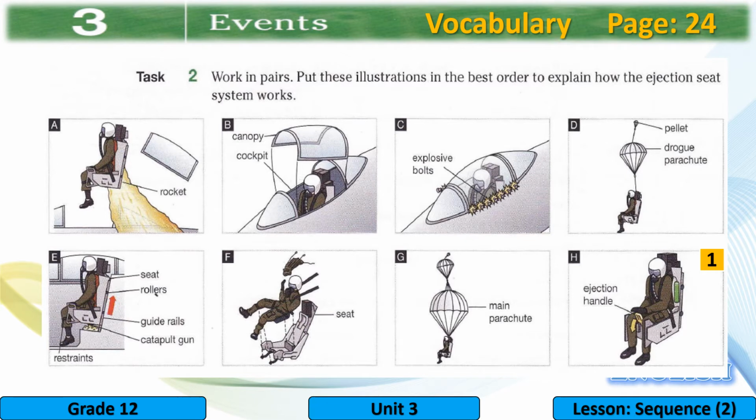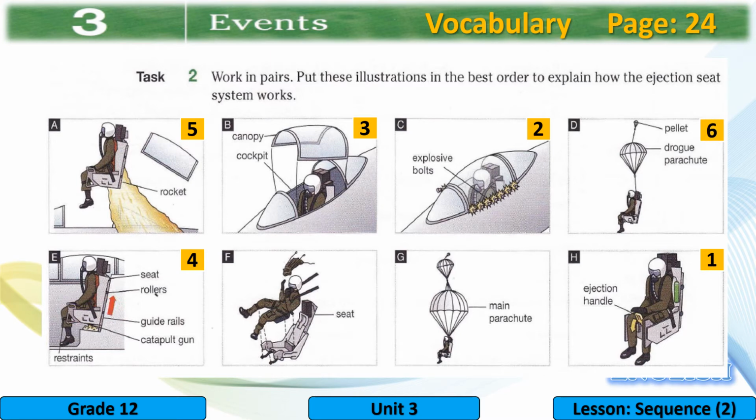Now, let's begin. Number 1, the pilot pulls the ejection handle. At that time, the bolts explode, and when they explode, the canopy flies in the air. Next, at that time, the catapult gun pushes the chair up so that it rockets in the air.